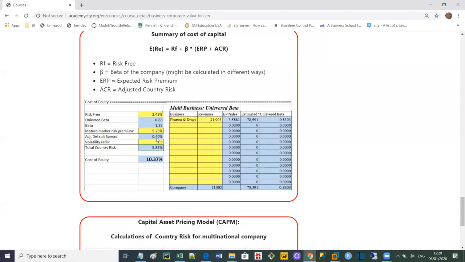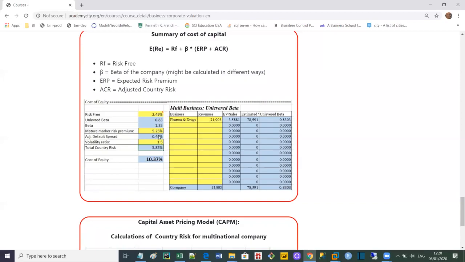In fact, if you plug in the country of operations on the first page of the Excel, it will automatically look at the rating of that specific country, and for that rating, it will look at the Excel that has the spread for it, okay? And for this example, it's 0.4.